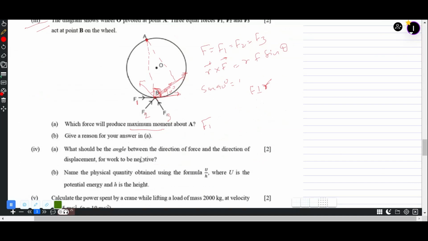Give a reason for the answer that is given. Now what should be the angle between direction of force? Now this was slightly from a senior grade perspective. So you could write: the length of the perpendicular arm is maximum in case of F1.